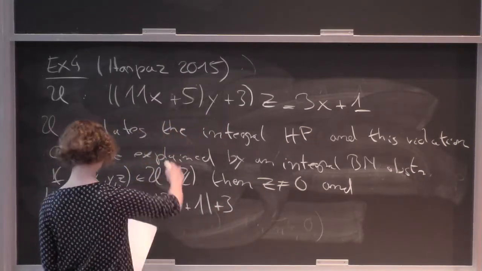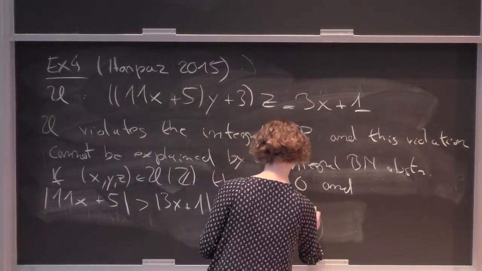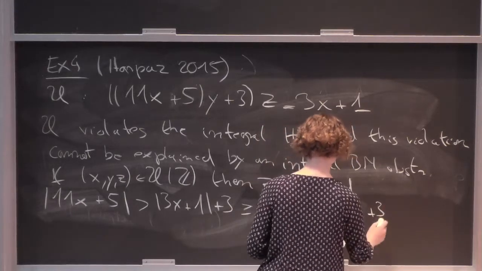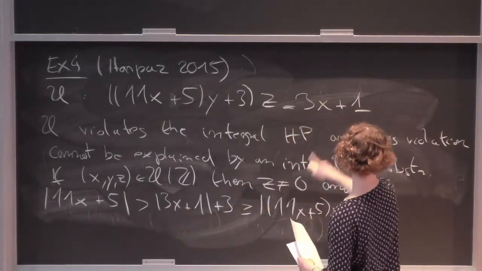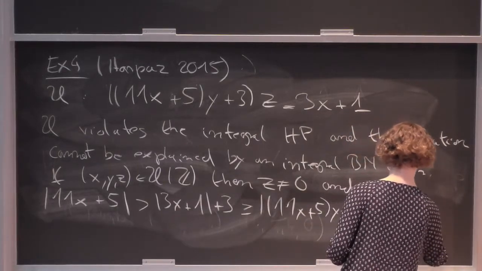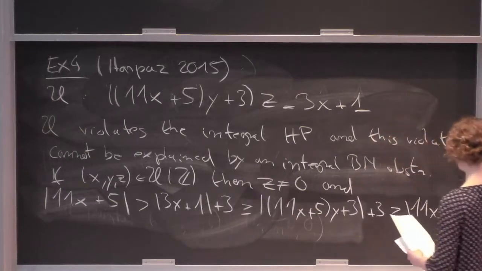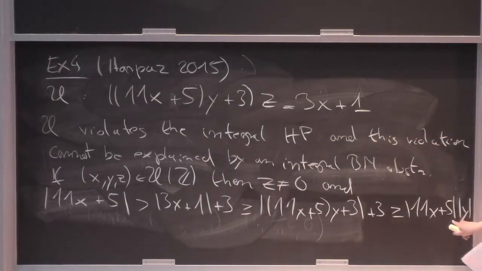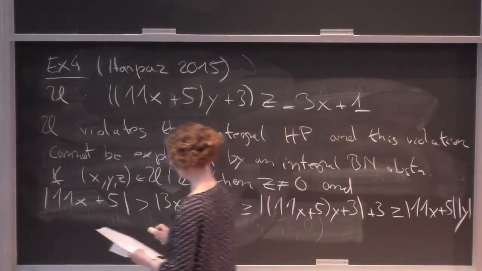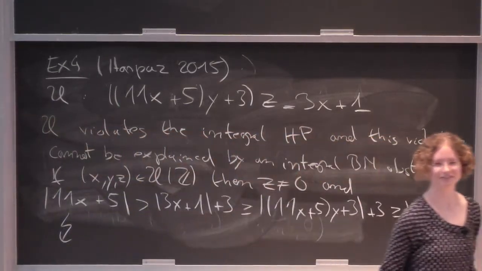You stick this now in the equation. So this is bounded below by 11x plus 5 times y plus 3 plus 3. And now again, this is bounded below by 11x plus 5 times the absolute value of y. That's a contradiction, since that would force the absolute value of y to be 0, and that will not lead to an integral point. So there's a contradiction. So that's the proof why there are no integral points.